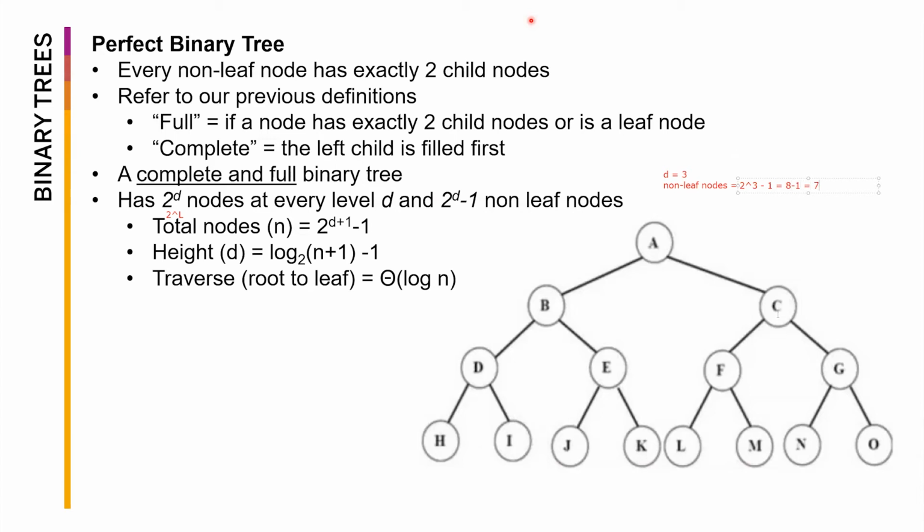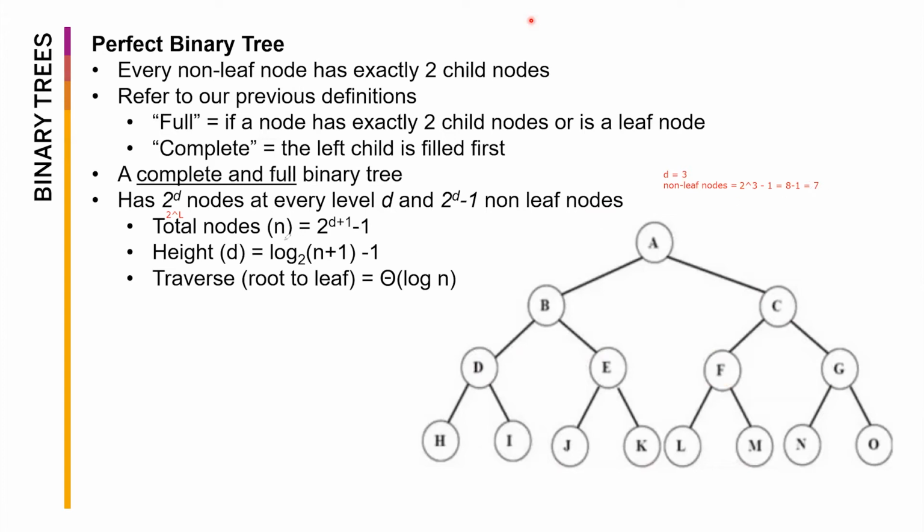So if we look at the graph or the tree here, we just simply count: 1, 2, 3, 4, 5, 6, 7. So the relationship is correct: we have 2D nodes at every level and 2D minus 1 non-leaf nodes. So we have 7 non-leaf nodes.